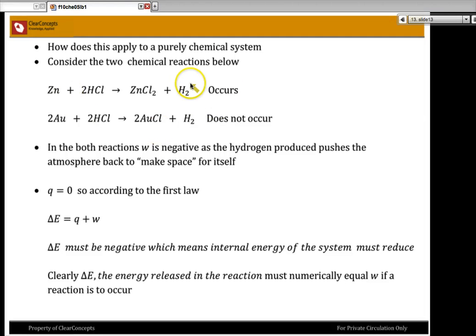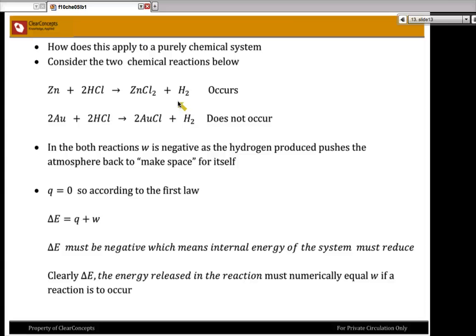Now clearly this hydrogen existed somewhere in the chemicals in the reactants, but now it exists by itself on the right hand side. So clearly, to exist and have some volume, it must have pushed the atmosphere back to make space for itself. Do you agree with that?